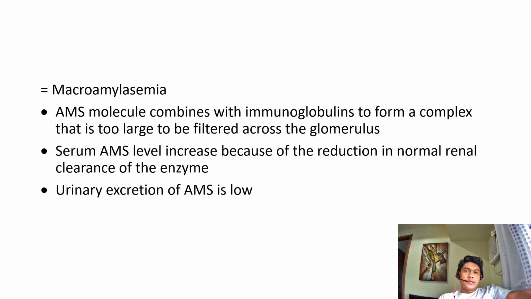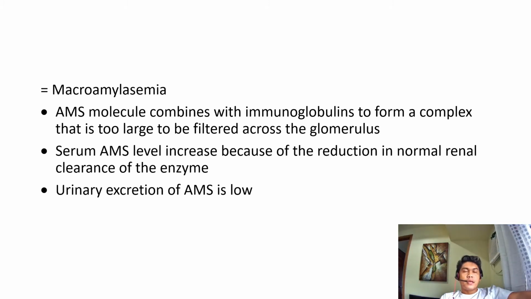Next is macroamylasemia. Macro meaning big. The amylase molecule combines with immunoglobulins to form a complex that is too large to be filtered across the glomerulus. Remember, amylase is a small enzyme. But for macroamylasemia, there is a complex formation between amylase and immunoglobulin.